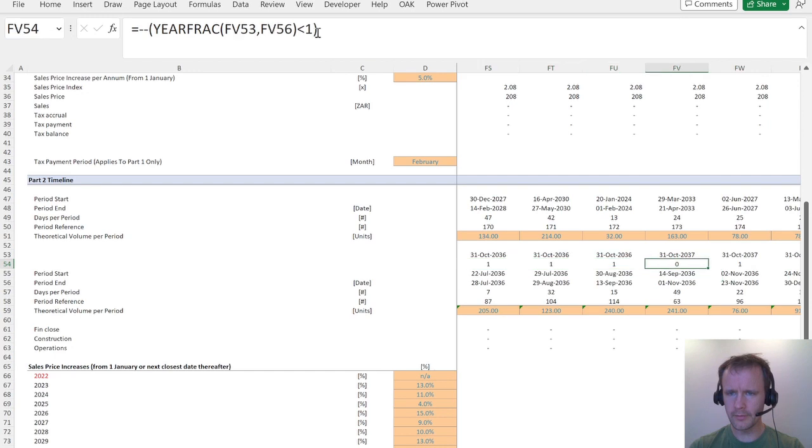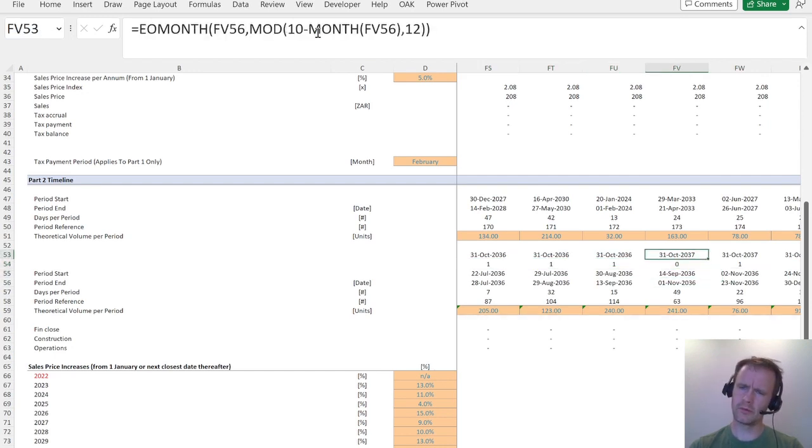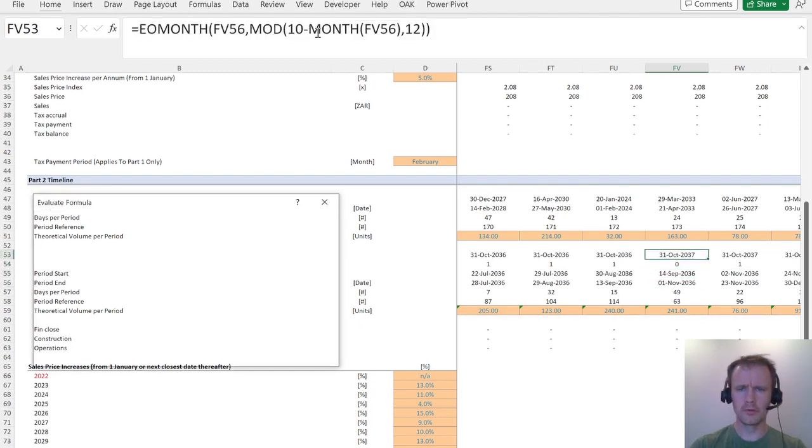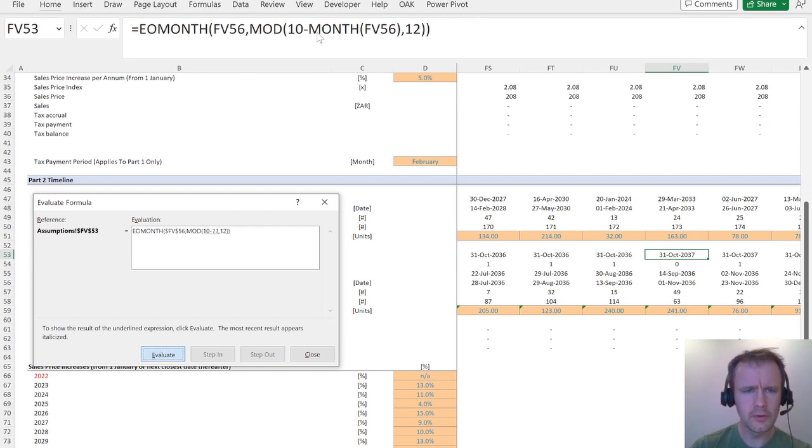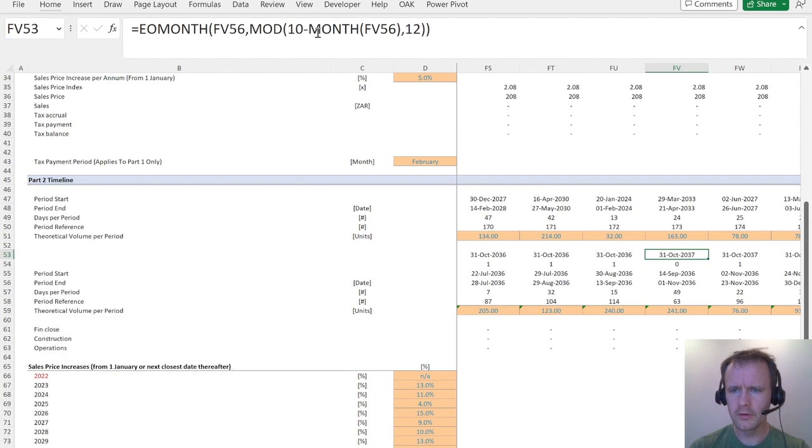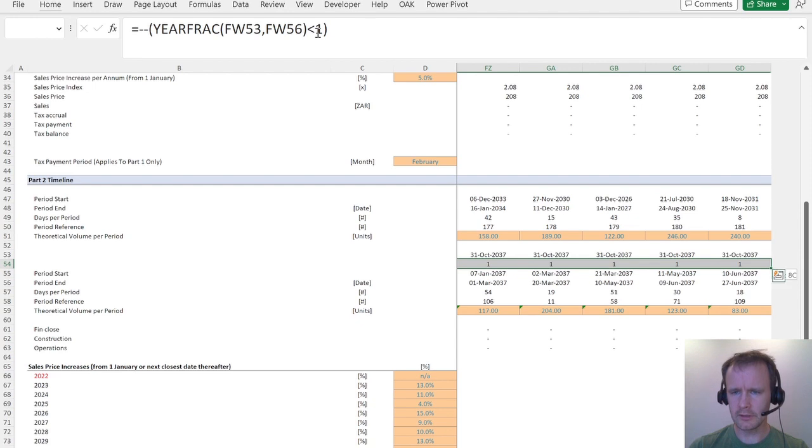Here, 0. 1st of November. Huh. So what is this doing? 10 minus month 11, mod minus 1 is 12, so 11. So, okay, yeah, fine. So it is exactly a year later according to year frac logic, even though it's 1 day less. Fine, okay. So that's good, and then everything else is 1.